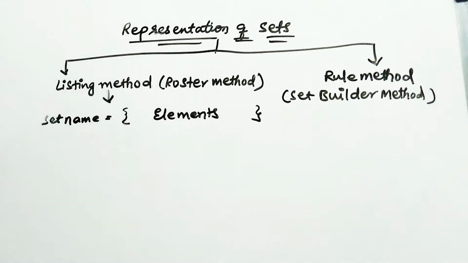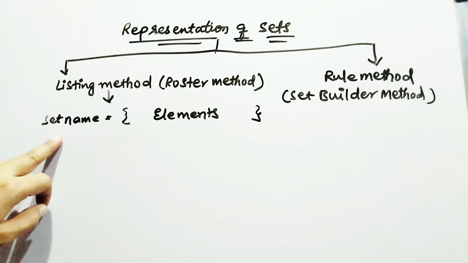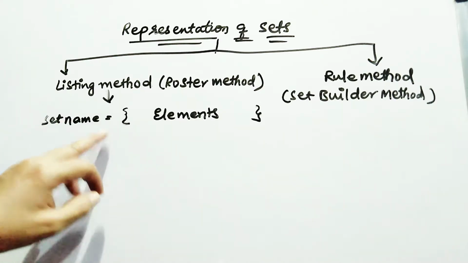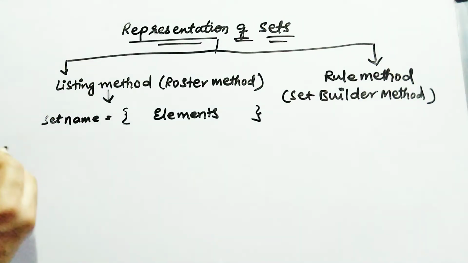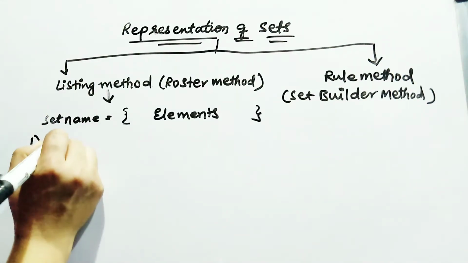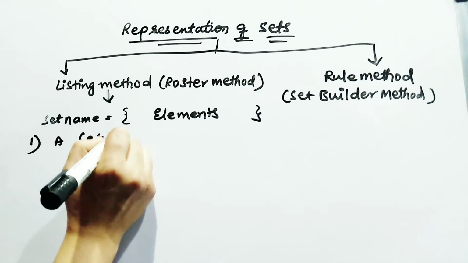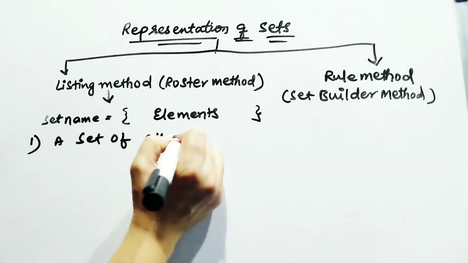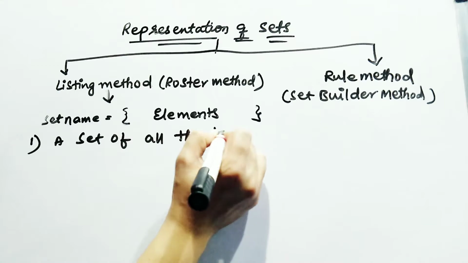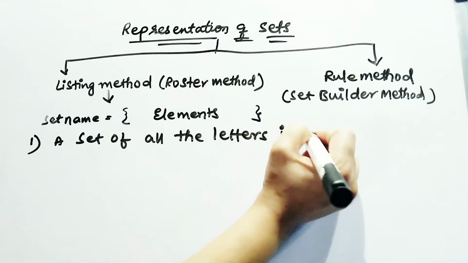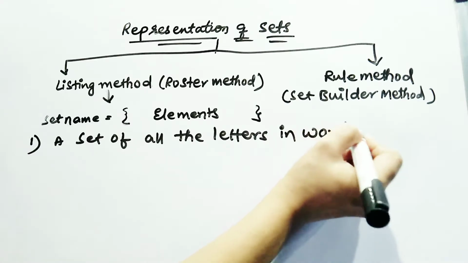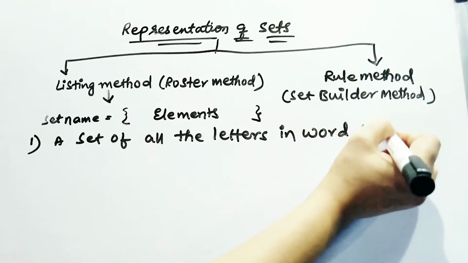So what is the syntax for writing the roster method? You write the set name is equal to, and all the elements must be enclosed in curly braces. Just take one example: a set of all the letters in the word mathematics.